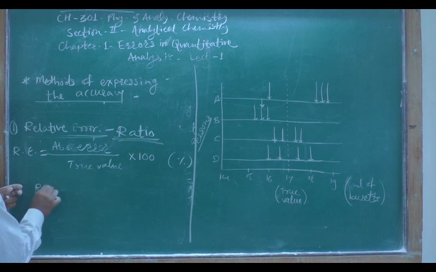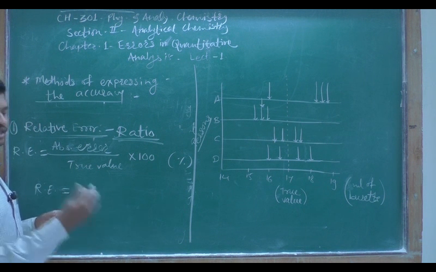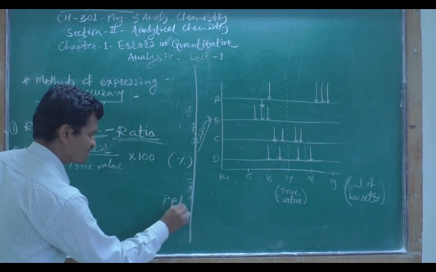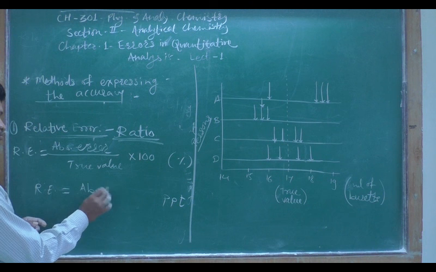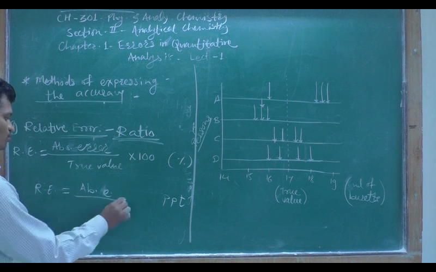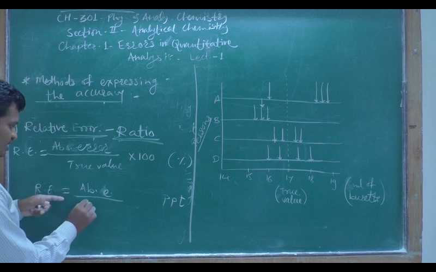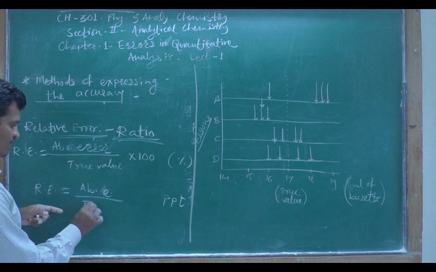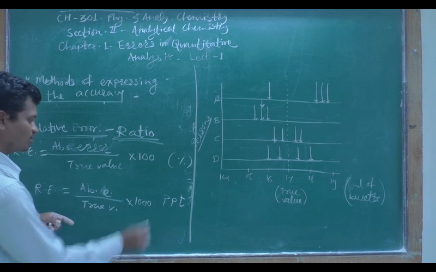And if we have to express relative error in parts per thousand, that is PPT, then we multiply this ratio, absolute error divided by true value, by 1000.